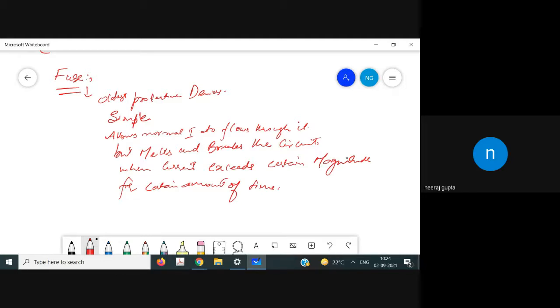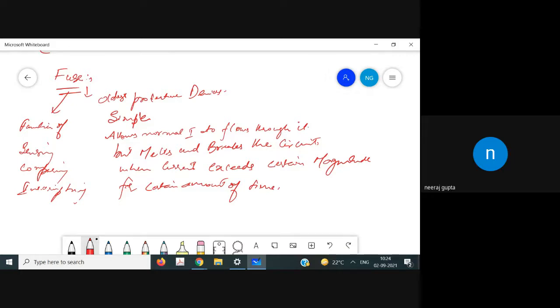So this fuse, as you can see, has the function of sensing, comparing, and interrupting the current, all in one.